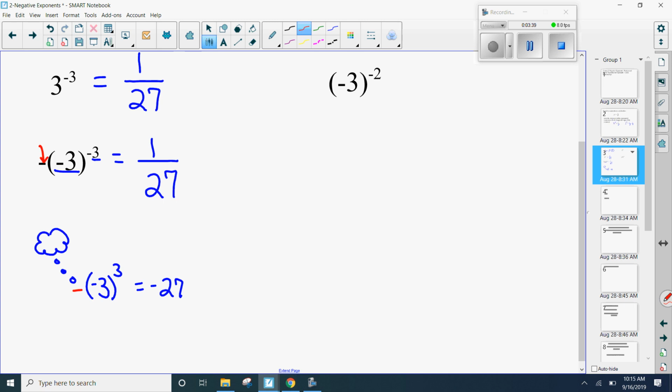So I put that negative in front, which makes it positive 27. And then I work with this negative exponent right here, which does what to it? Makes it a reciprocal. Take the base, -3, raise it to the power, worry about whether you have to change the sign, and then flip it if you have to flip it. Those are the things that I look for.